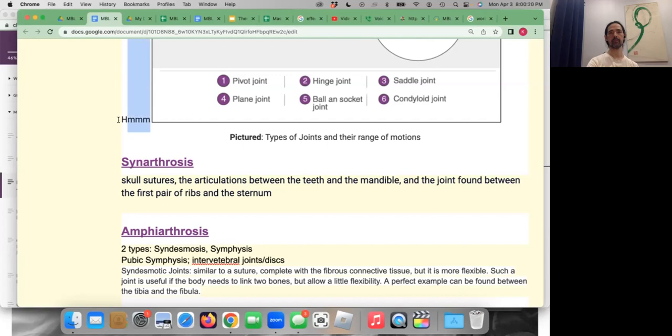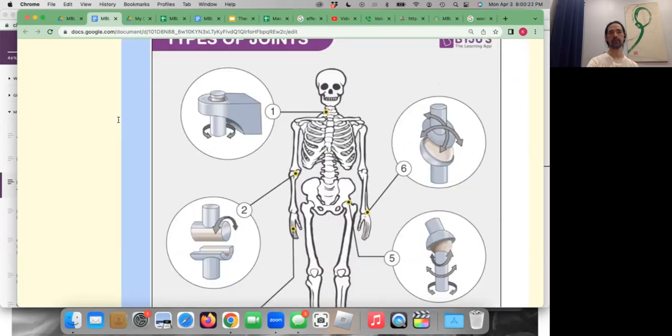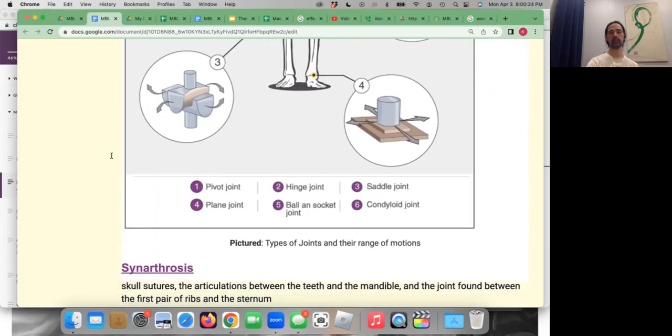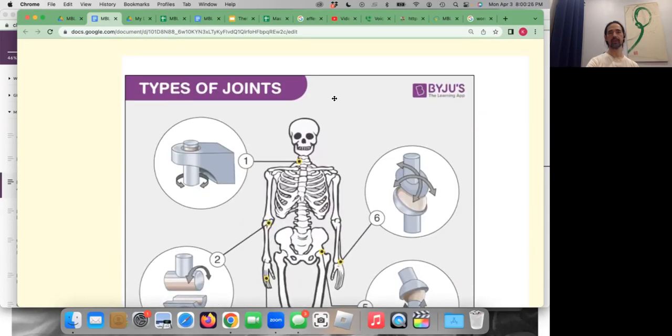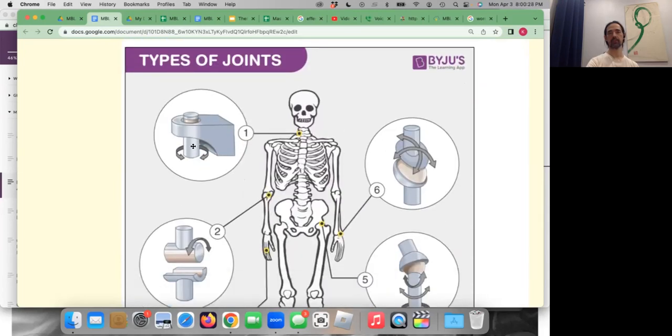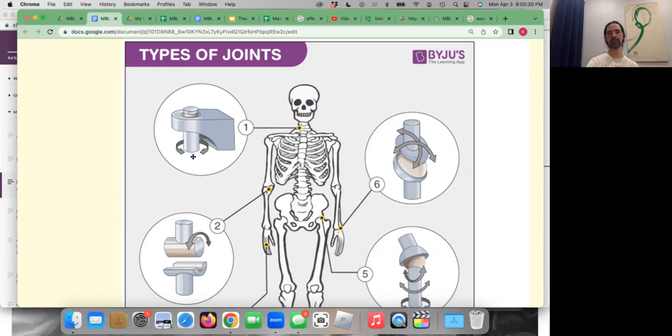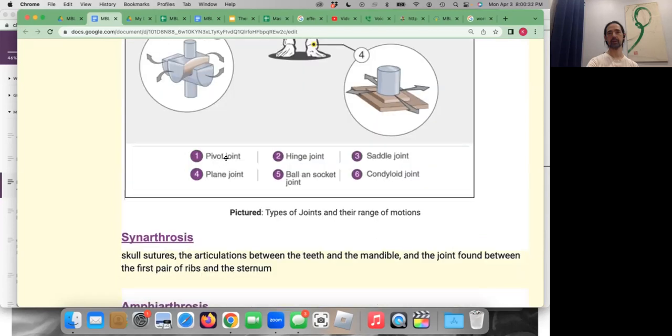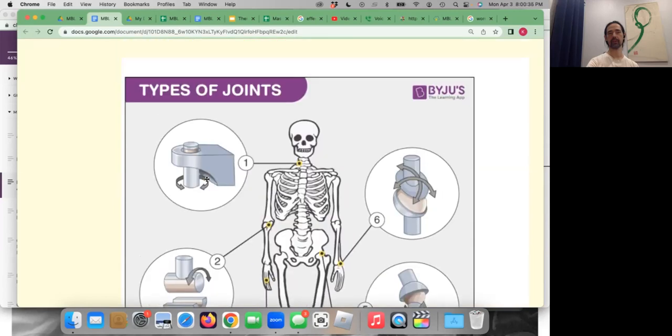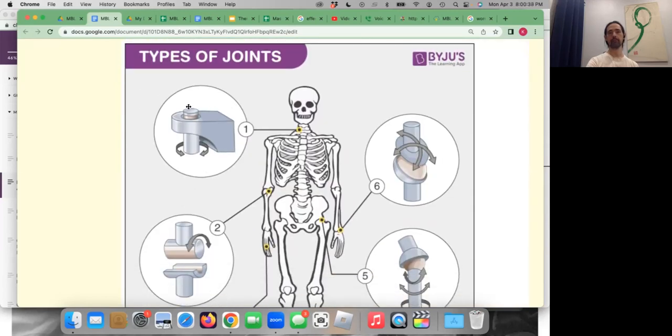So types of joints include an axial joint. Let me get the pivot joint. Number 1, pivot joint, and picture number 1. Okay, good job, Ken. Pivot joint.